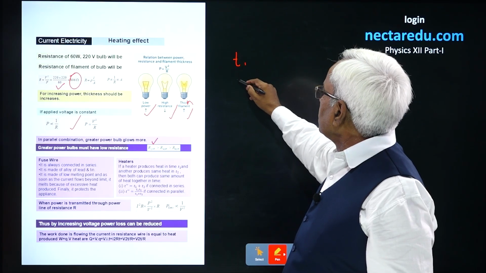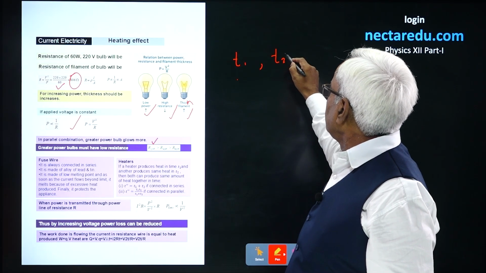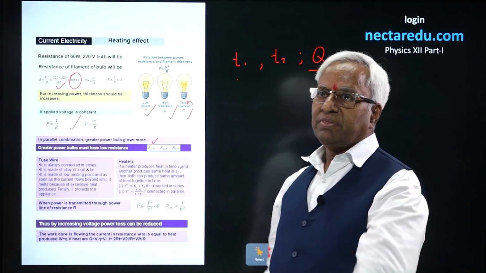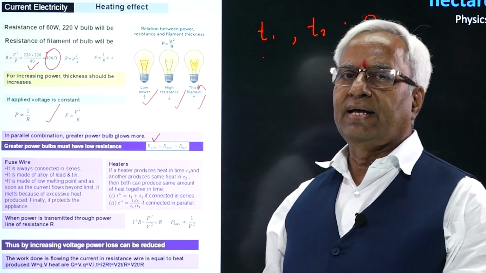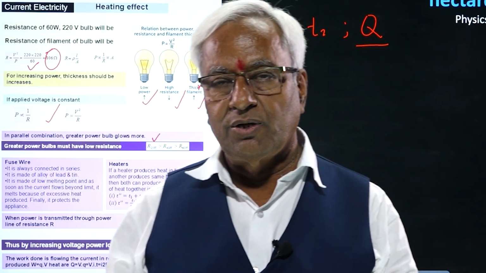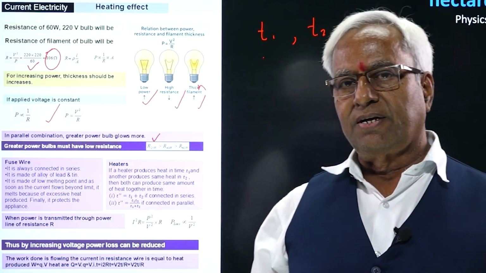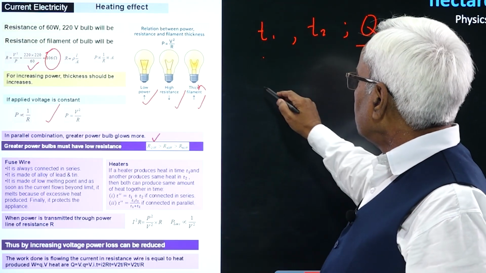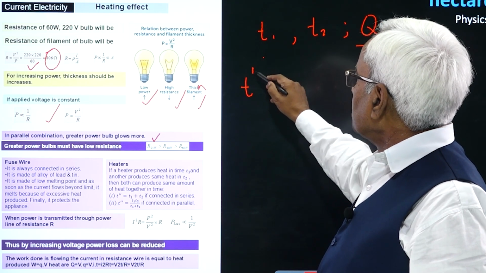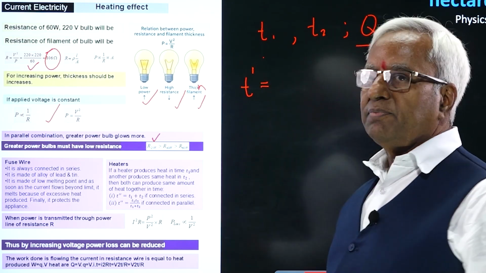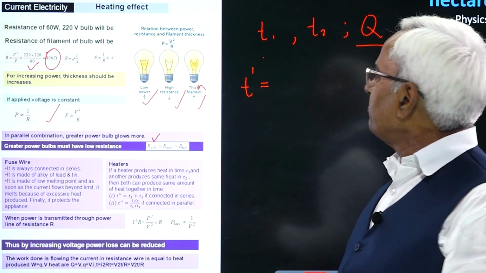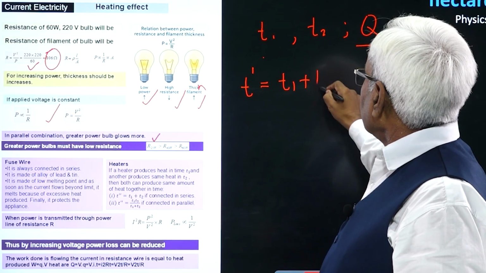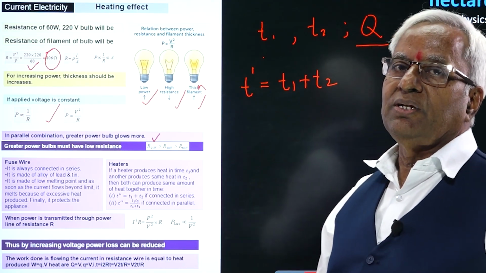Suppose there are two heaters and they take time T1 and T2 in producing the equal amount of heat separately. Now, the mathematical question arises, if both the heaters are used together, what amount of time will be taken by them together for producing the same amount of heat? In series, since the resistance increases, the time taken would be more.